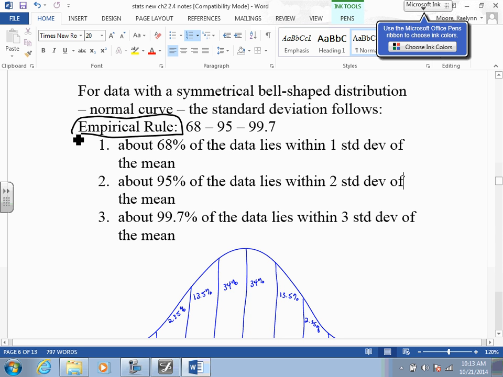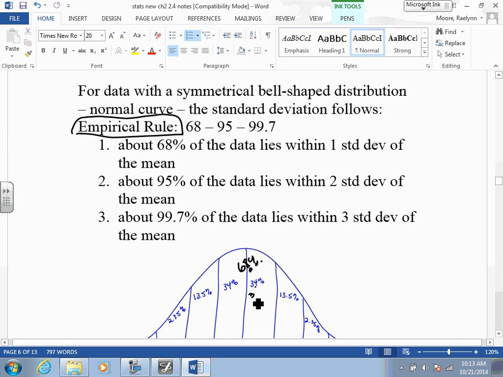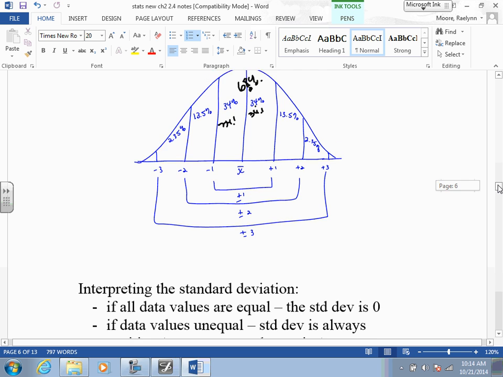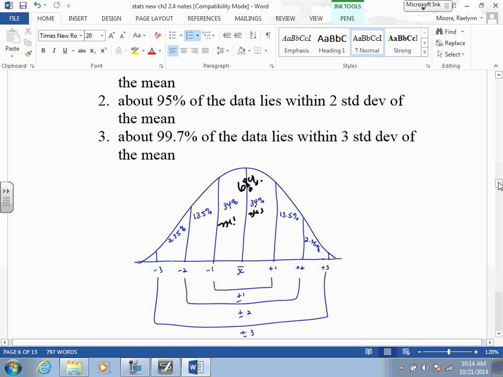In Algebra 2, we kind of defined these a little bit more. This was 68.2% in here, because each one of these was 34.1%, more exactly. But we don't do rounds in here a little bit. So the empirical rule says, one standard deviation away from the mean sits most of your data.